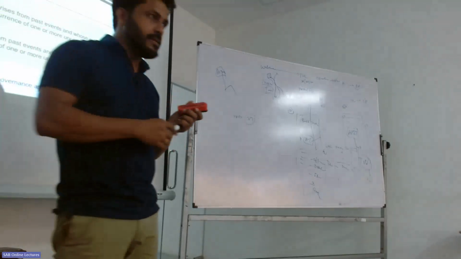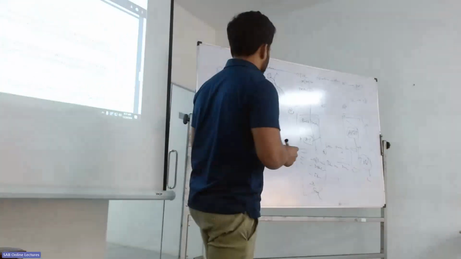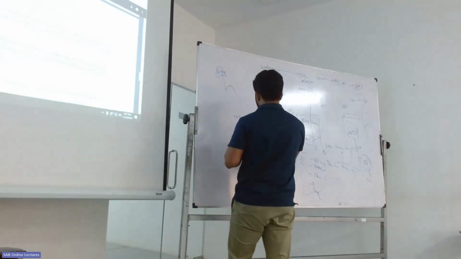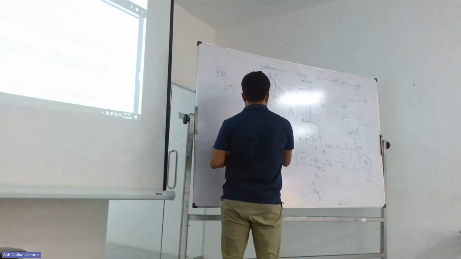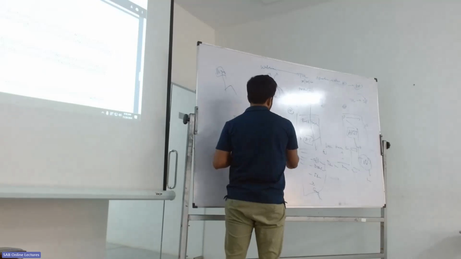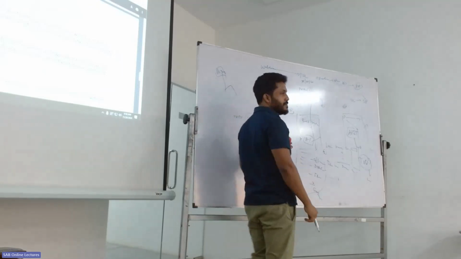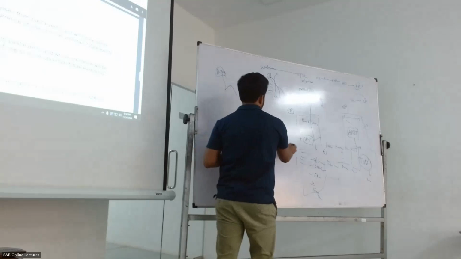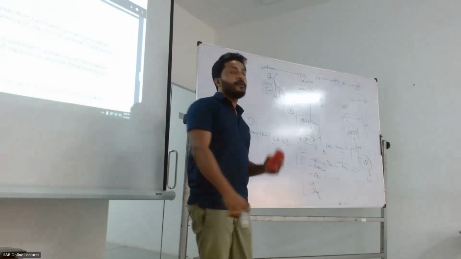Case 37 says provision, contingent asset, and contingent liability, right?